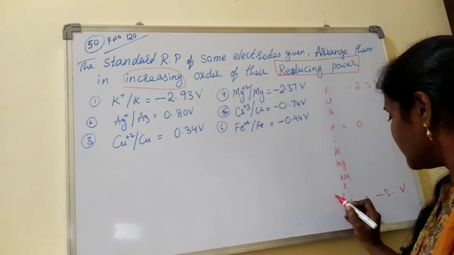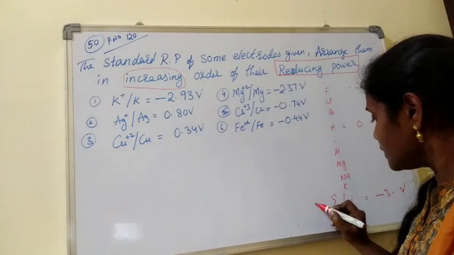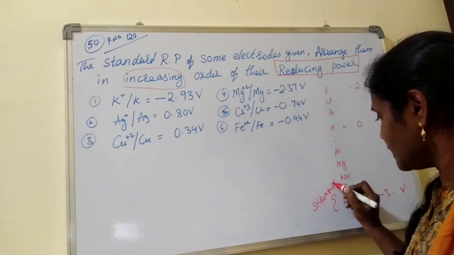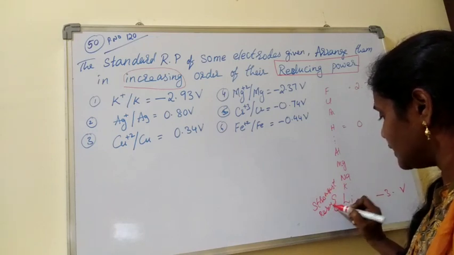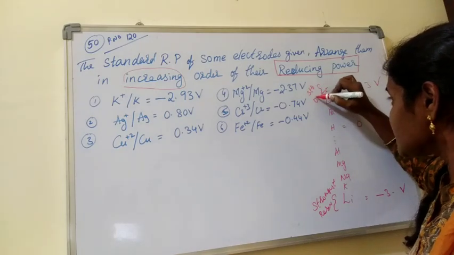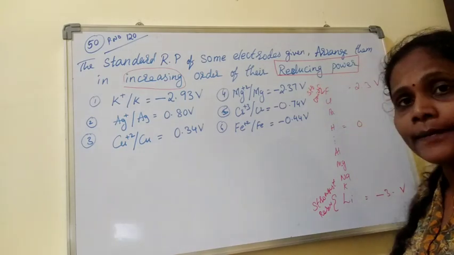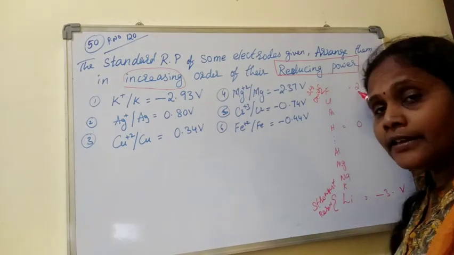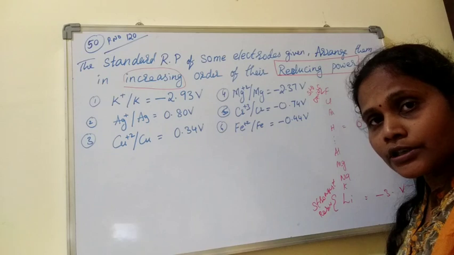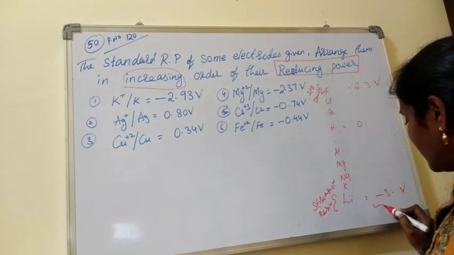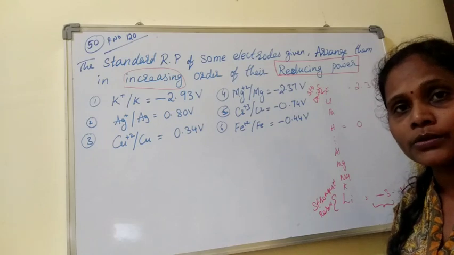And already I said that the lowest one is the strongest reducing agent, right? The top one is the strongest oxidizing agent. That means strongest oxidizing should have higher reduction potential values, and strongest reducing agent should have least reduction potential values.